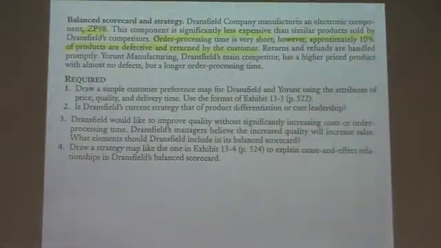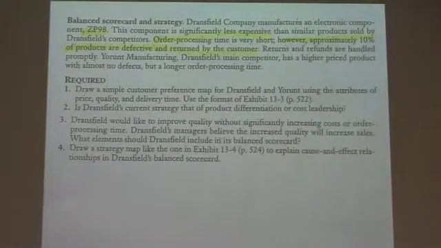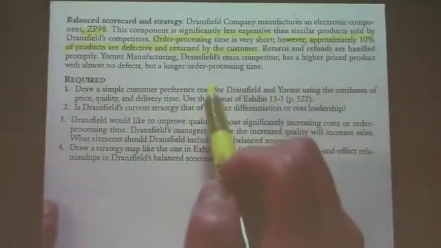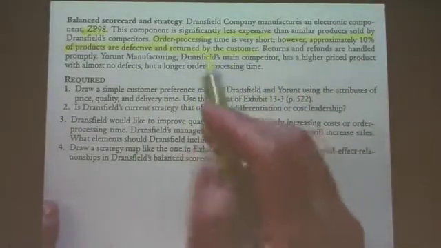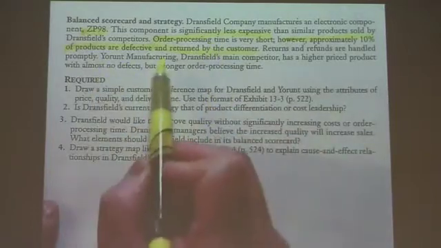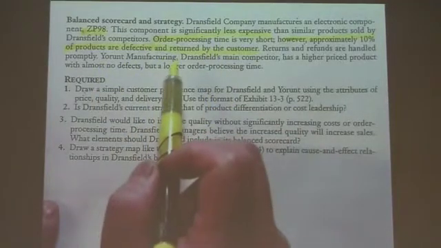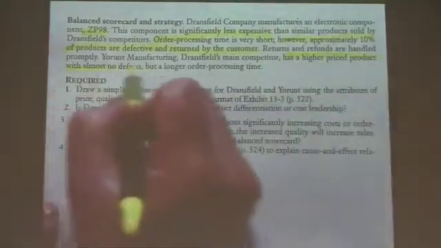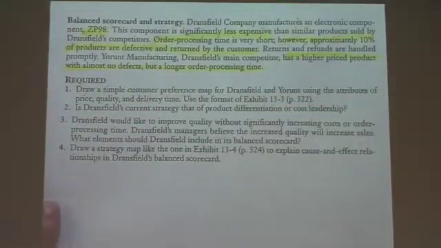So they're able to deliver quickly, but what they deliver, 10% of that is returned and defective. Returns and refunds are handled promptly. Another company, their competitor, has a higher price product and almost no defect, but a longer order processing time.